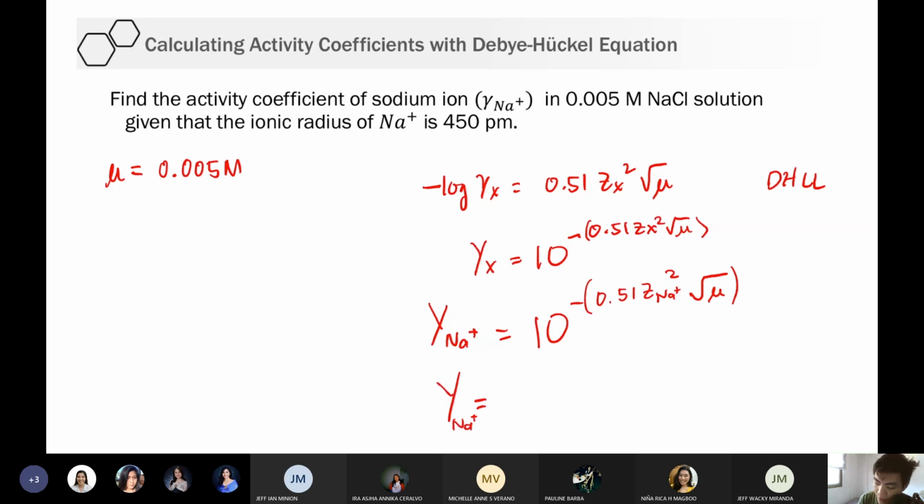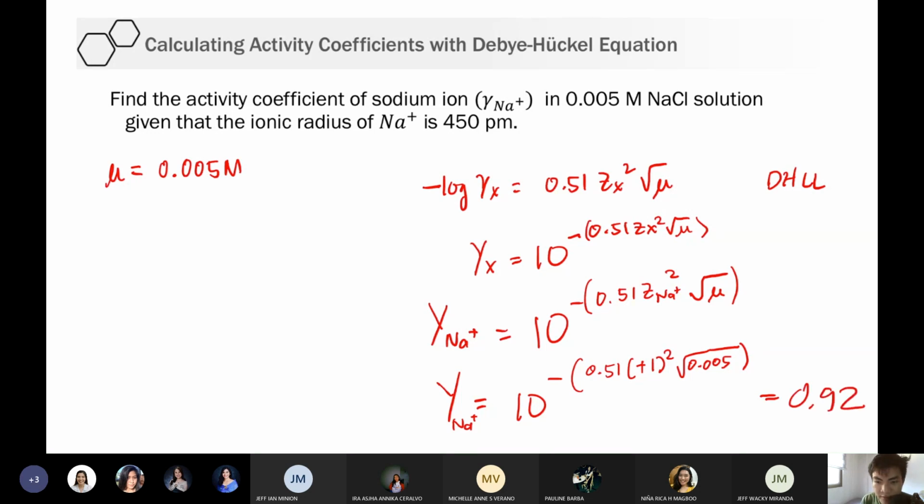So let's plug in our given info. That will be 0.51 times positive 1 squared, square root of 0.005 molar. Gamma for sodium ion in this dilute solution is 0.92.